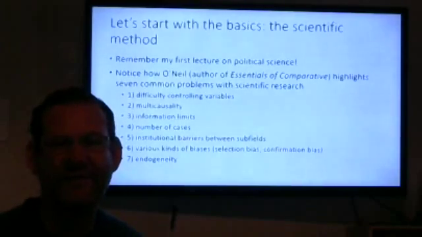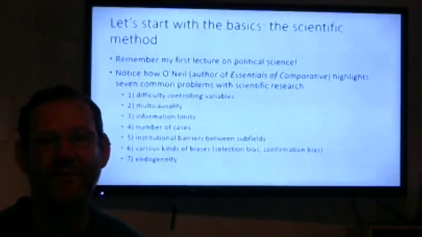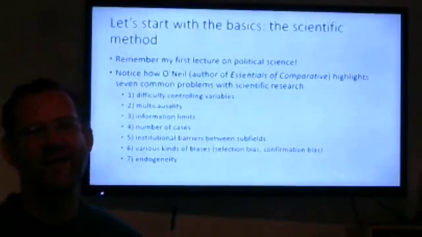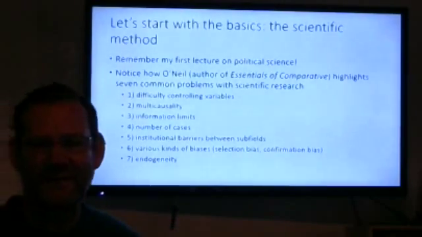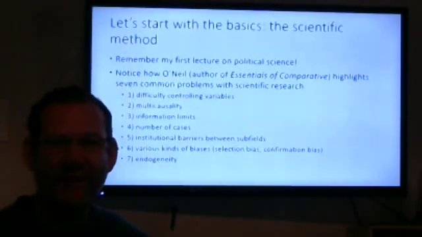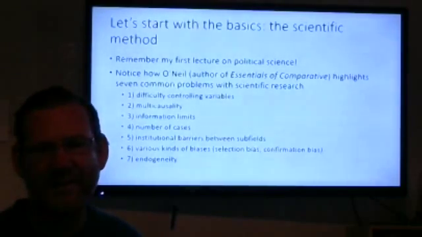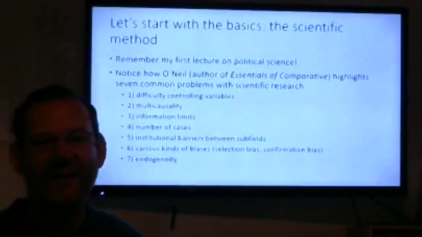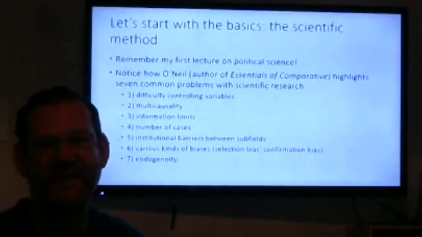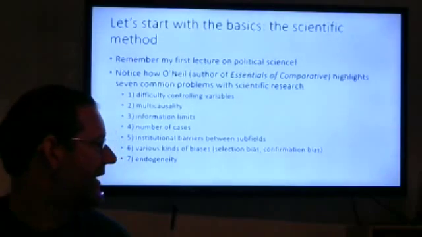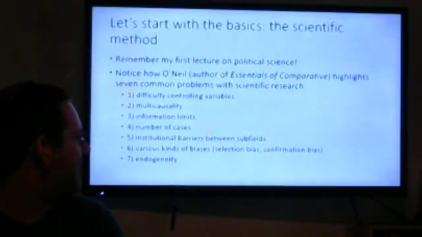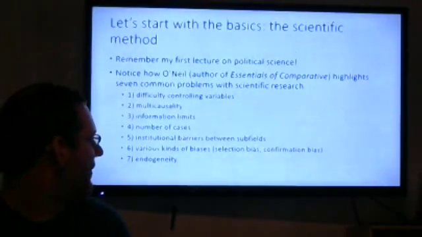And then there's someone else who maybe is just studying democracy worldwide, and he's got a big data set, he's running lots of statistics, etc. If those two guys aren't talking to each other, they're not doing a great job of sharing information, and it can throw both of their use of the scientific method off. So that's a tough one, institutional barriers.